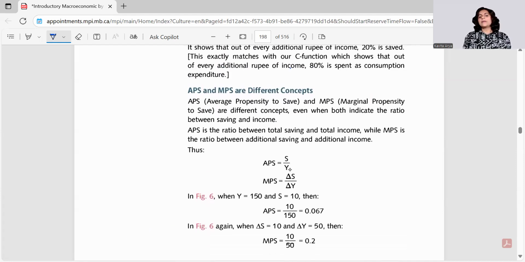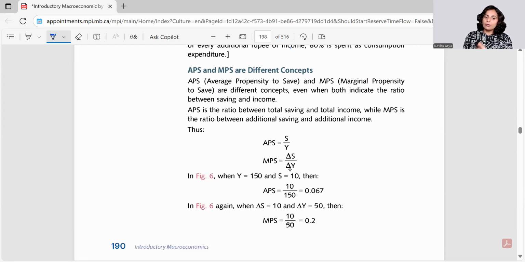So now MPC, MPS, APC, APS, these all are different concepts. As we've talked about APC and MPC, similarly, we are now to talk about MPS and APS. So A is absolute and M is relative. So this is absolute value, and this is relative or marginal. Marginal means we are talking about change up and down, and here we are talking about the main value.